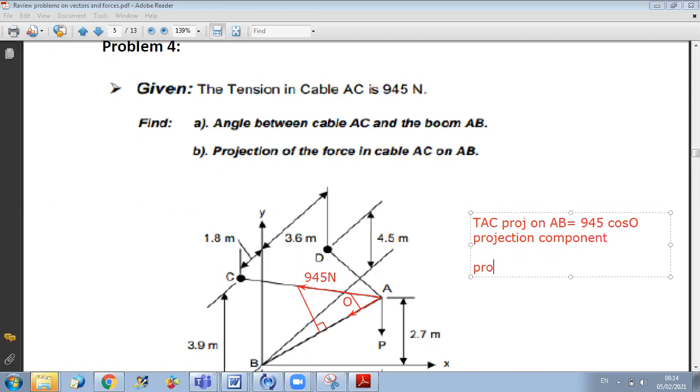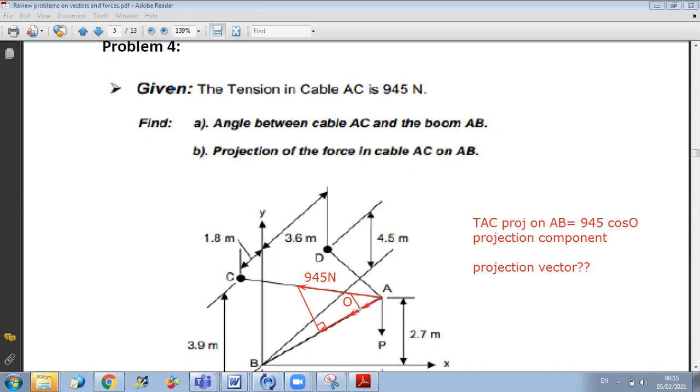The projection component is the magnitude times cosine theta. But the projection vector means that I should express it as a vector. So I multiply the projection component by the unit vector of AB.